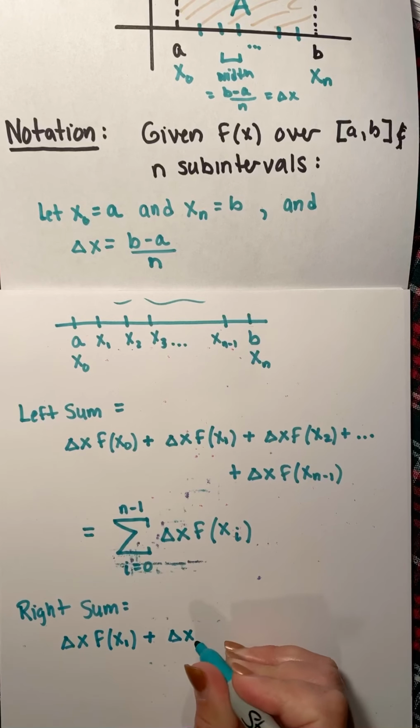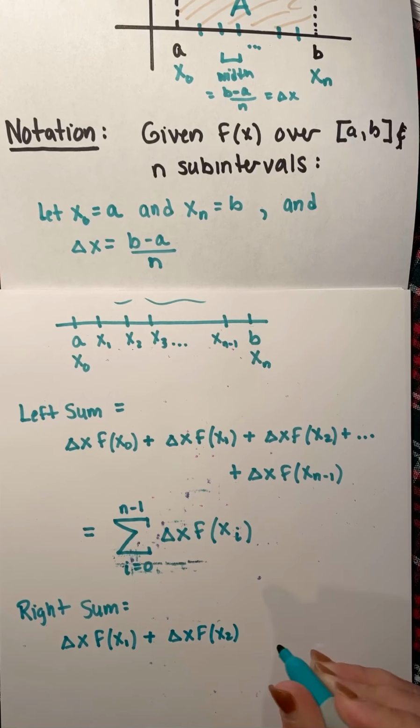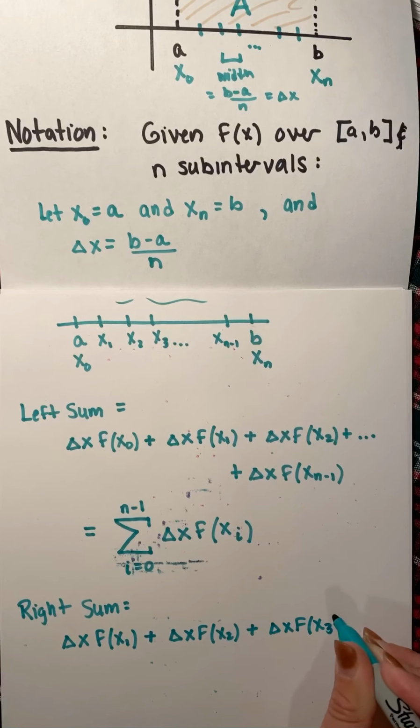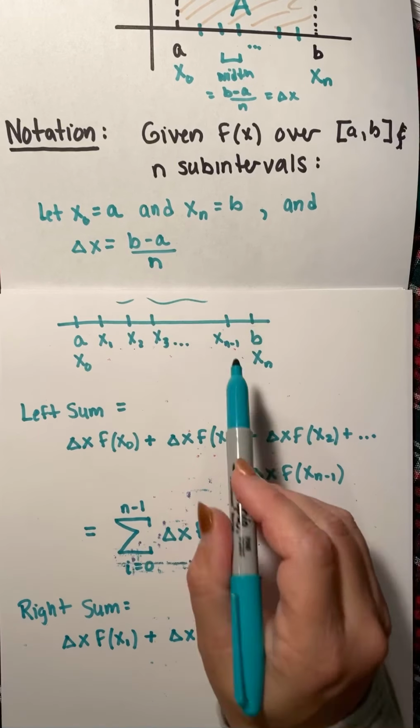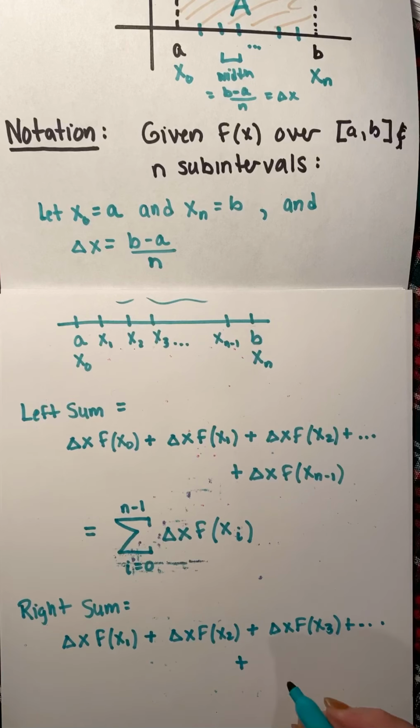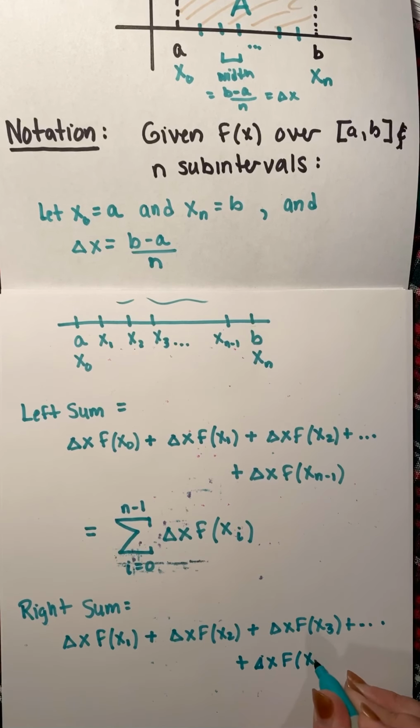So it'd be delta x, f of x sub 2, plus delta x, f of x sub 3, plus, and we're going to continue. And this time, in our very last interval, we'll use the right endpoint, which will be b. So f of b, and we're going to call b x sub n, just for consistency.